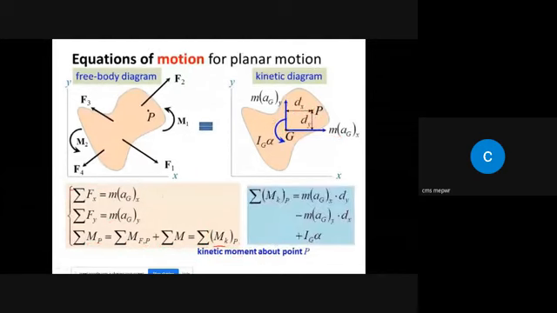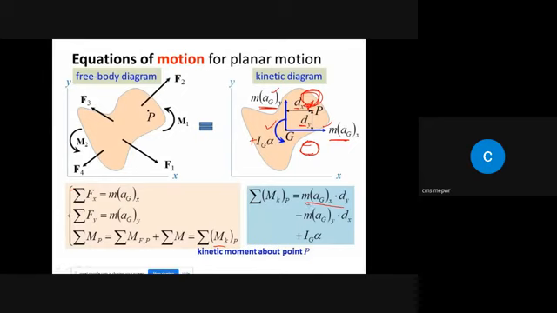So MkP, the kinetic moment about point P, can be given as this force multiplied by the perpendicular distance dy, and this force multiplied by the perpendicular distance dx, which will give us the moment due to these forces about point P. And remember, this force about point P will produce moment in the clockwise direction, and we take clockwise as negative, while this one is anti-clockwise, so it should be positive.